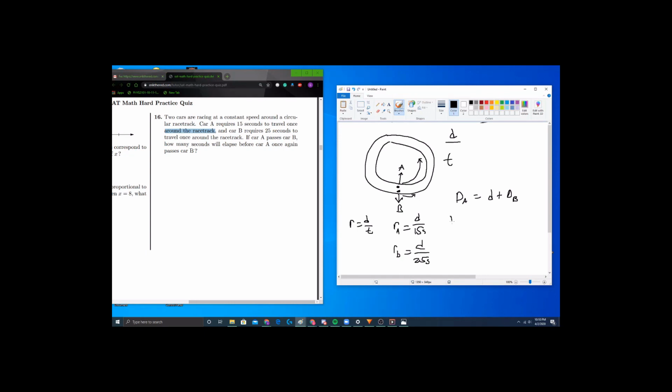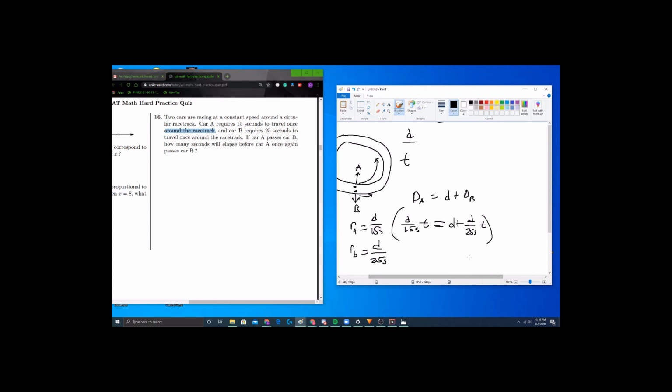So R of A, D over 15 seconds, times how long it'll take for car A to once again pass car B, T, is equal to D plus the rate of B, which is D over 25 seconds, times T. Now all you have to do is solve it algebraically.